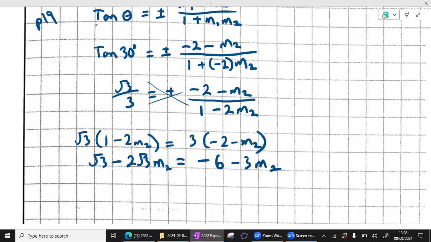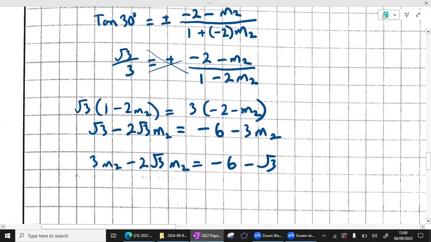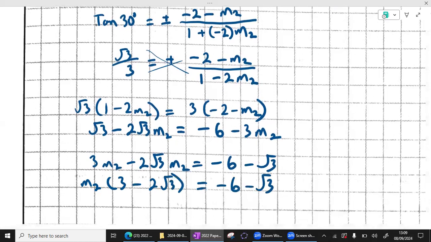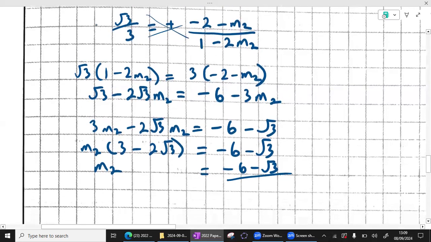Now, I need to bring the m2's together because my goal really is, remember, to get the m2 on its own. In other words, the second slope. So I'm going to factorize m2 out, and it leaves me with 3 minus 2 root 3. We're nearly there. So m2 is equal to minus 6 minus root 3 divided by 3 minus 2 root 3.